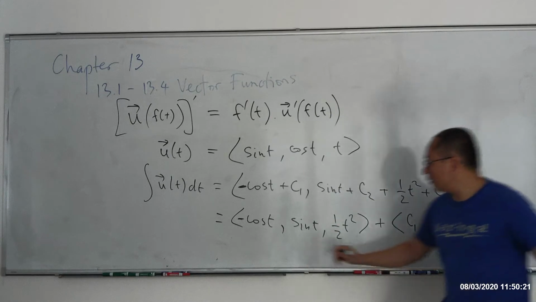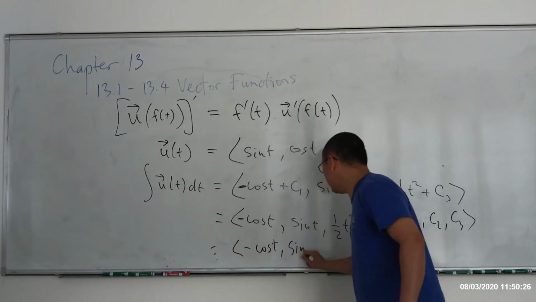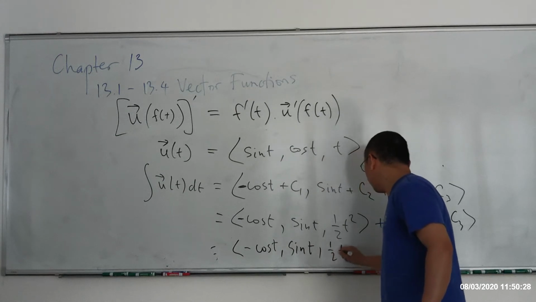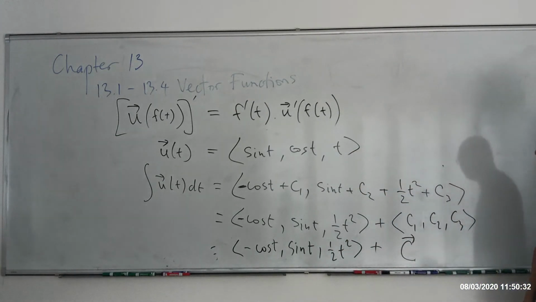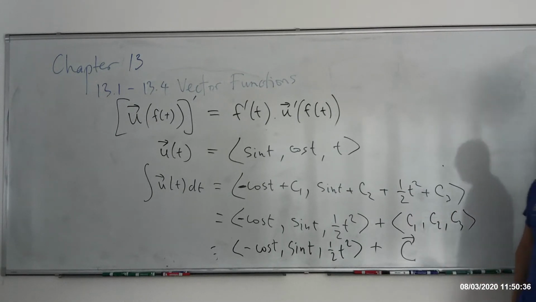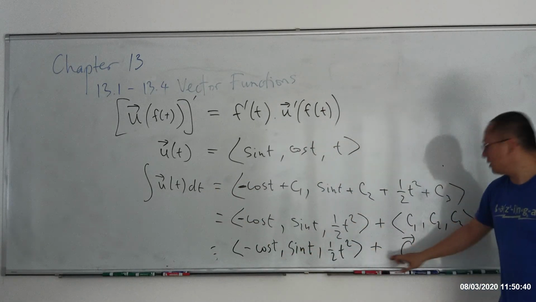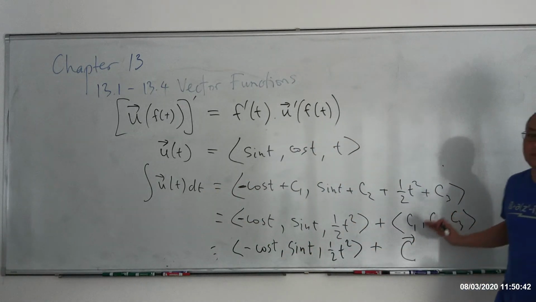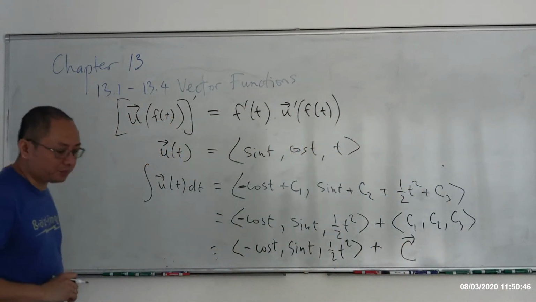Or usually people write this way, negative cosine t, comma, sine t, comma, 1/2 t squared plus vector c constant. Okay? This c here means C1, C2, C3. So I try to emphasize the integral of a vector is going to be equal to another vector plus a constant vector, just like a constant number when you integrate a one variable function.